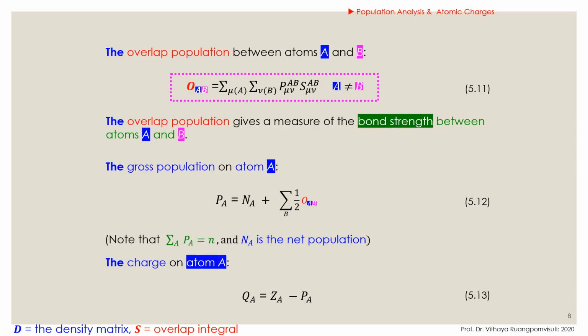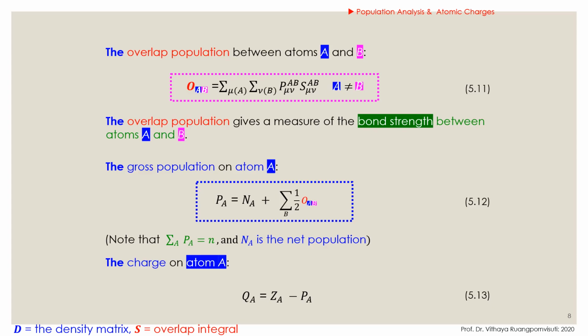The gross population on atom A can be written as P_A, which is equal to N_A plus summation over B of 1/2 of the overlap populations, as shown in equation 5.12.